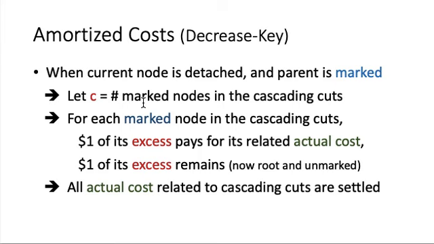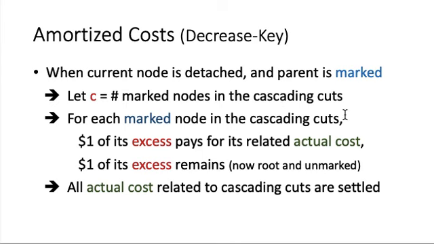We let C be the number of marked nodes in these cascading cuts. Recall that each marked node has $2 in our setting. For each marked node, we use $1 of the excess stored in the marked node to pay for the related actual cost, because it is now detached from its parent.